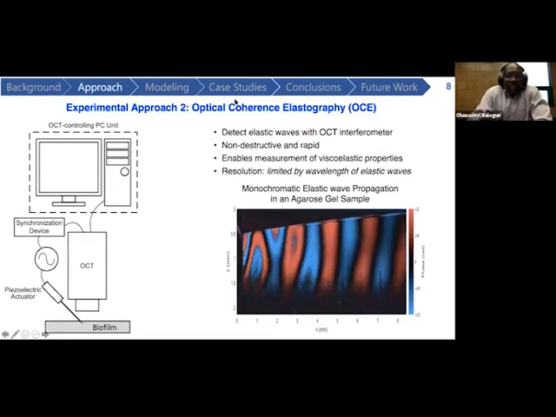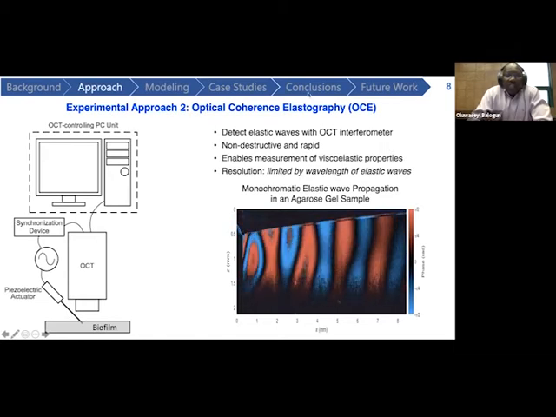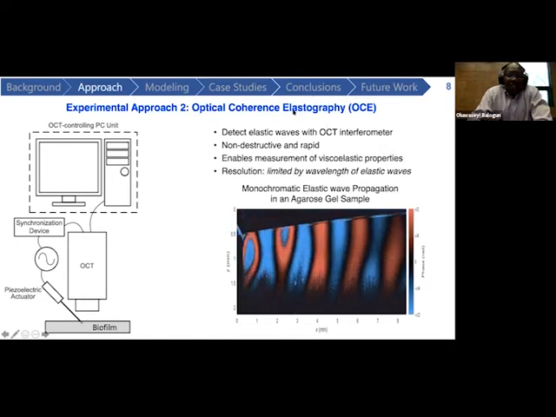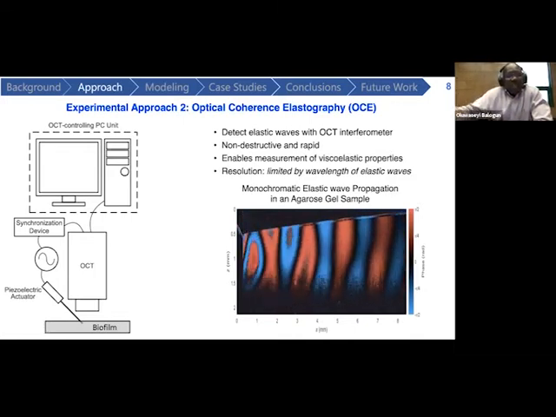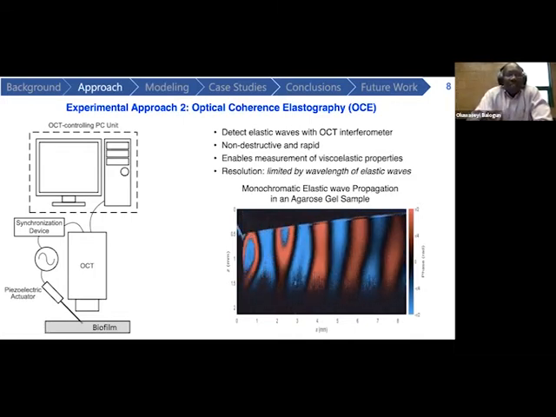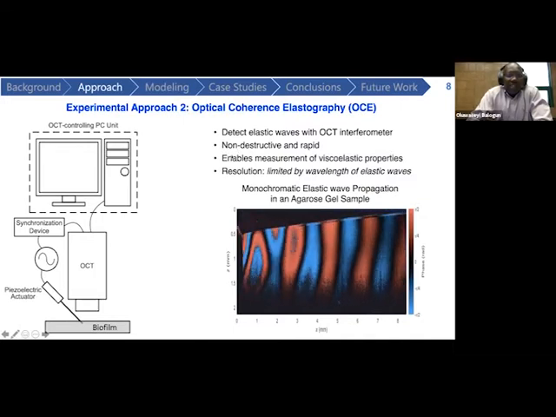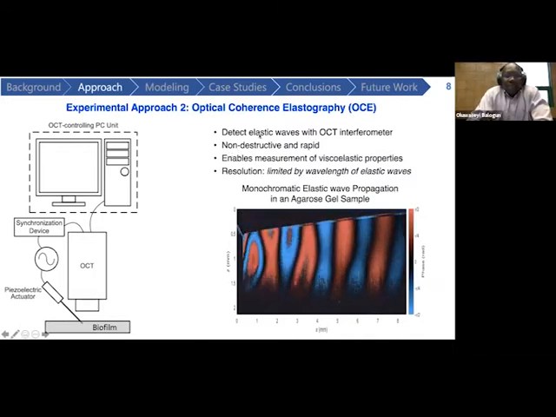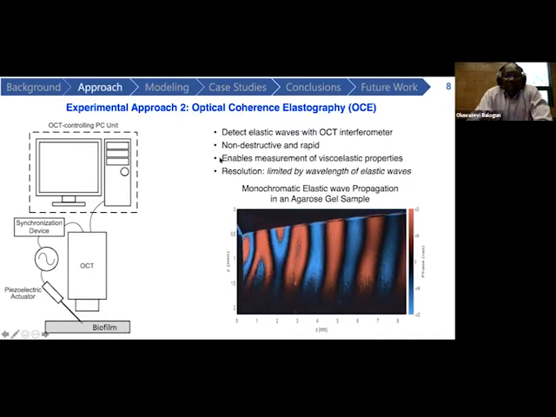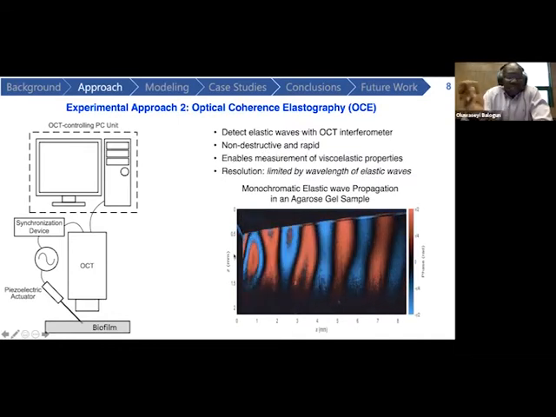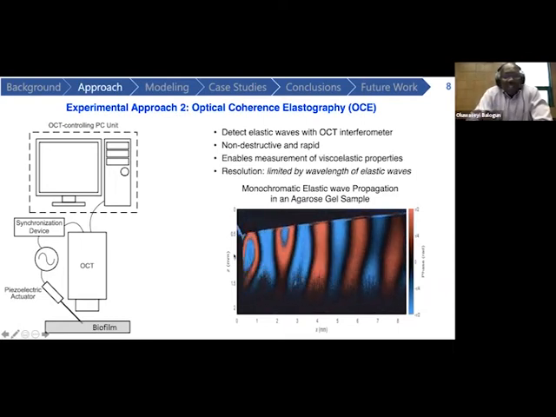This technique is called optical coherence elastography. Elastography here essentially means we're recording this elastic wave propagation and using that as a means of backing out the viscoelastic properties of the biofilm. The technique is non-destructive. Again, it's rapid, and a single measurement lasts about a second, a couple of seconds or so.